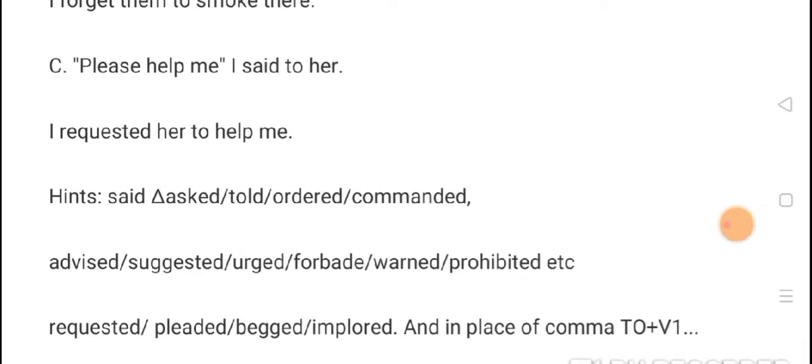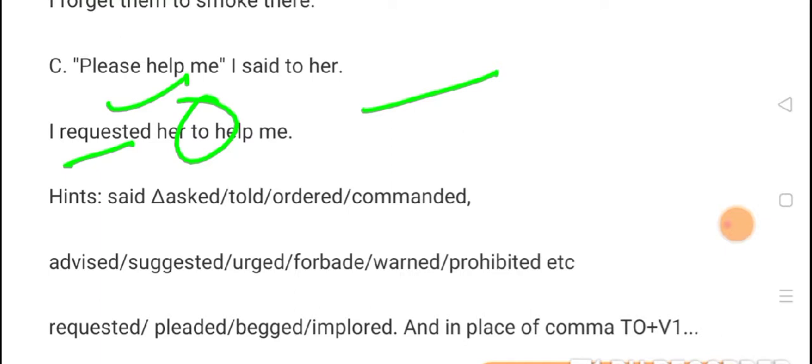Please help me. It's like a request. So in place of "said", you have to write "requested". The rule is the same: in place of the comma and inverted comma, you have to use "to", help me, and "please" will be removed because you have already used "requested". Hence, in case of command, these are the words you have to use.